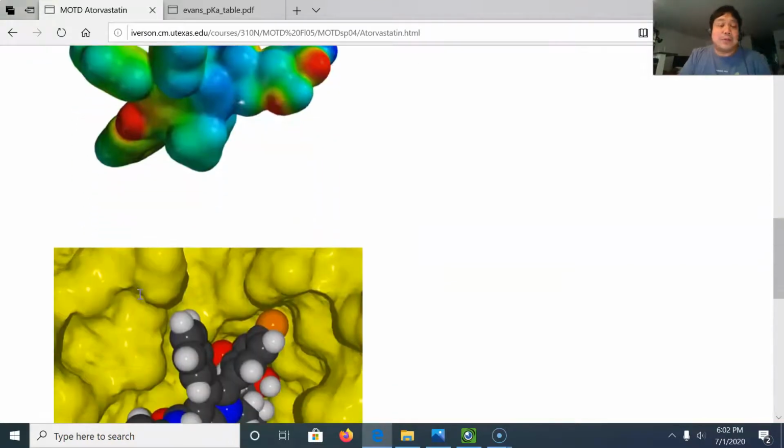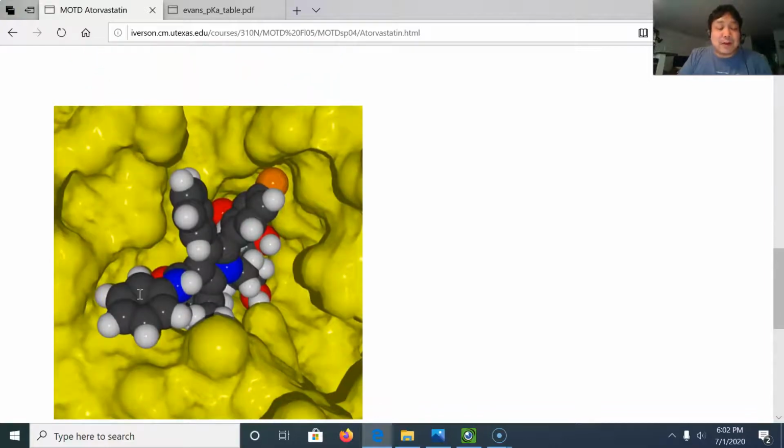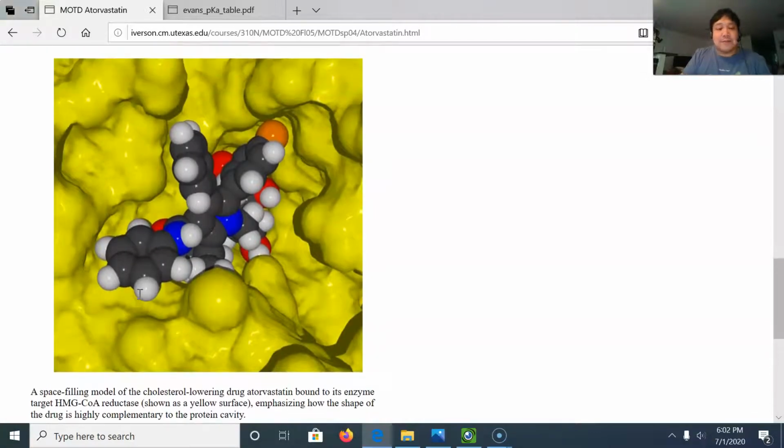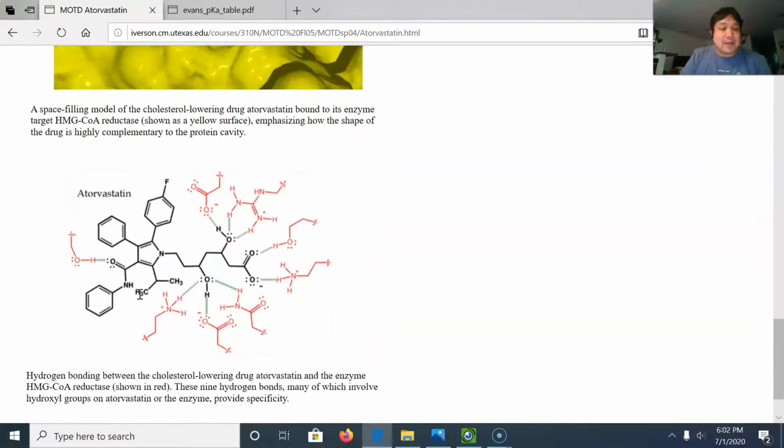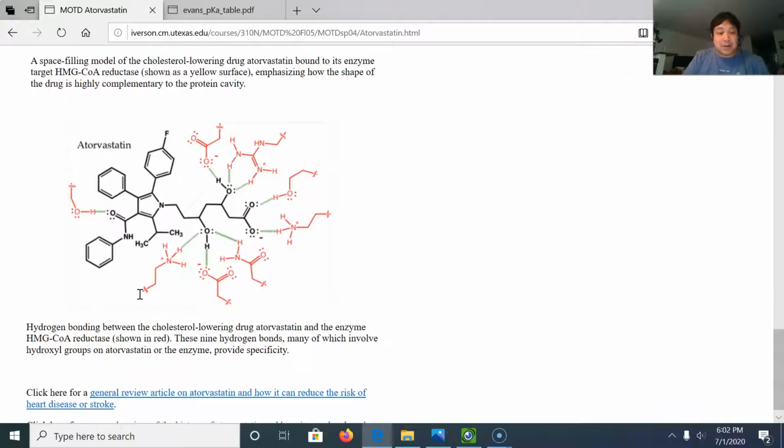So Lipitor only has 2 hydroxyl groups, but they're very important in its binding to the enzyme. All that yellow stuff is the enzyme, and look how snug that drug molecule fits in there. But it's not only based on size, it's based on electrostatics, and particularly the hydrogen bonding, right?